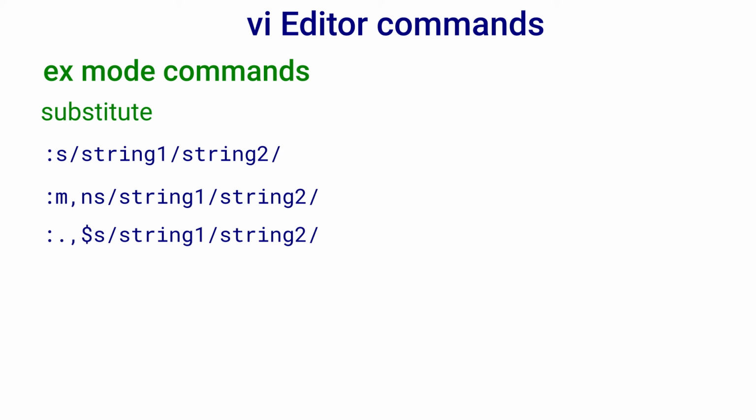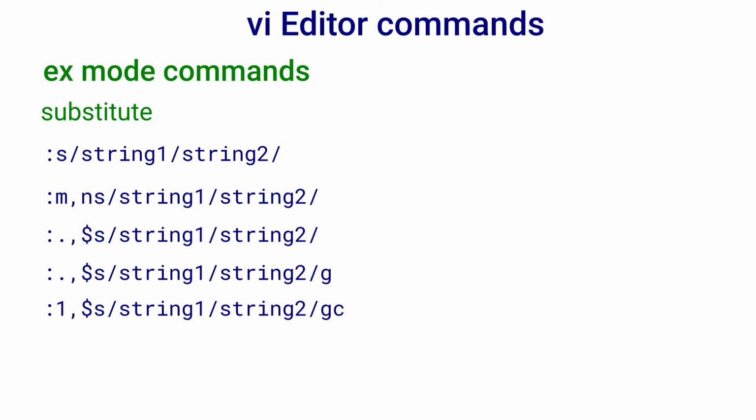So to substitute from the current line to the last line, we can say colon dot comma dollar s slash string1 slash string2 slash. By default, only the first occurrence of string1 on a line is replaced with string2. Using the G switch, we can replace all occurrences of string1 on lines with string2.